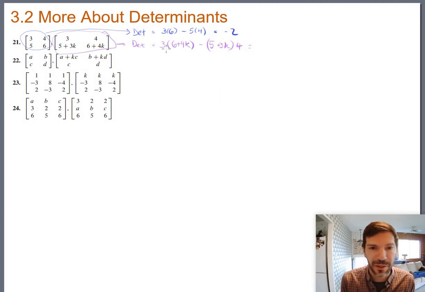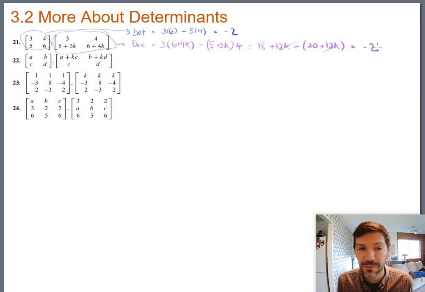We have to do a little distribution, but that's 18 plus 12k minus (20 plus 12k), and it's still parentheses, so minus 20 minus 12k. You notice the 12k and the minus 12k go away, and you've still got 18 minus 20, and you've still got minus 2.